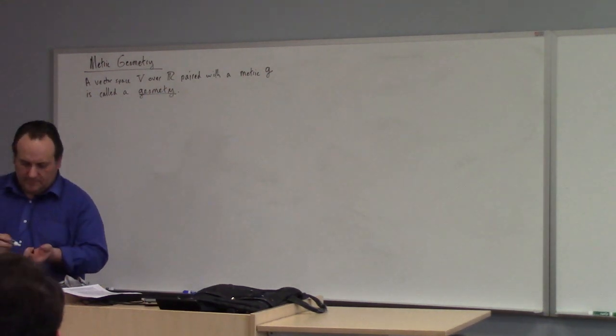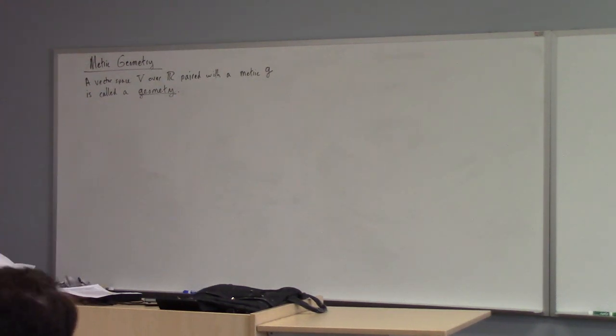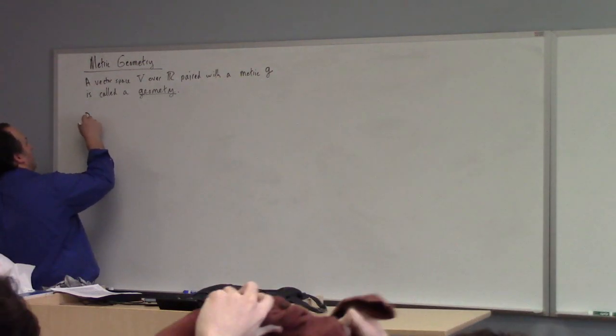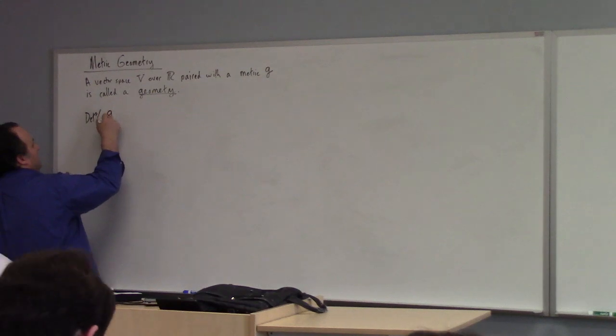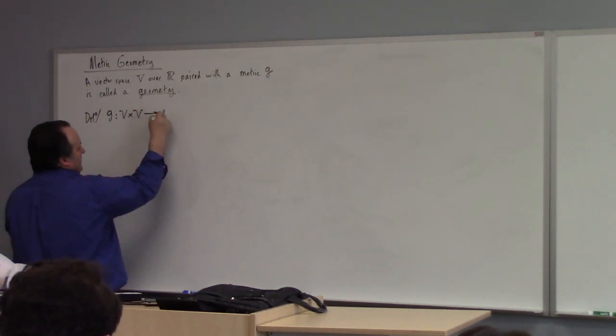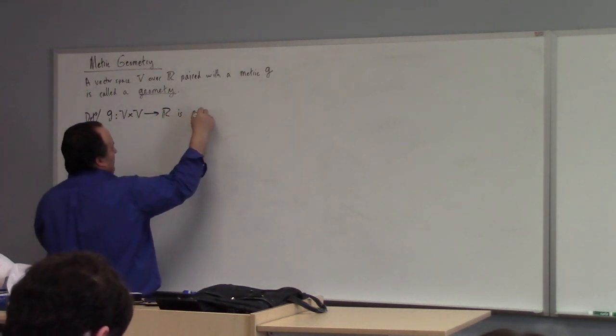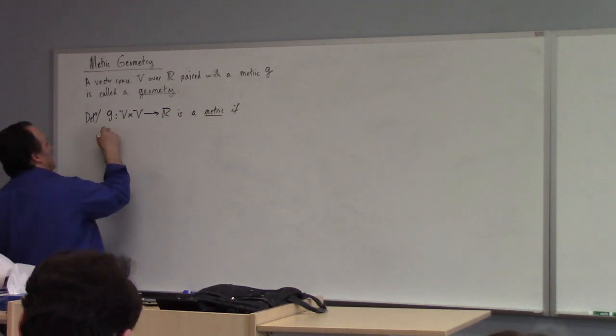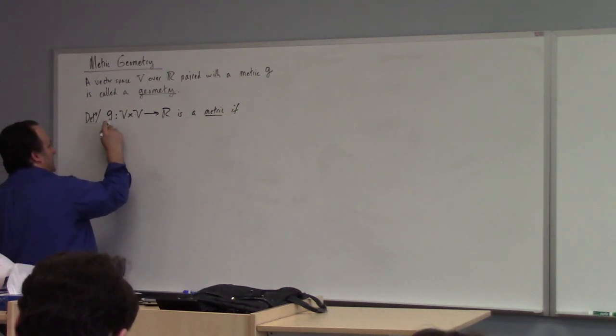And so, of course, that begs the question: what's a metric? All right. So here's the definition. G, a mapping from V cross V to R, is a metric if it satisfies a few conditions here.